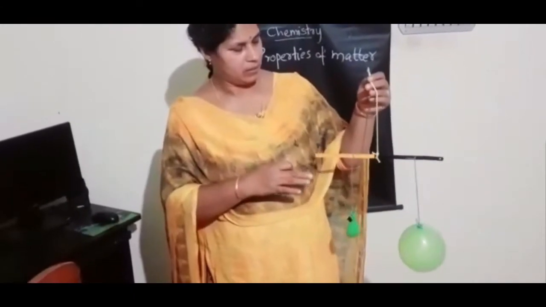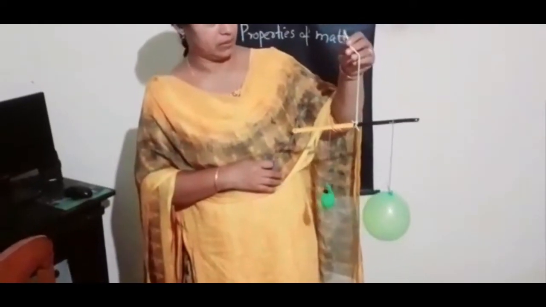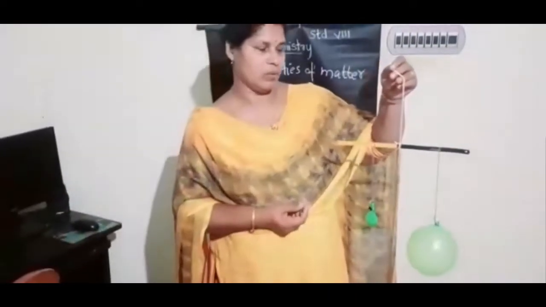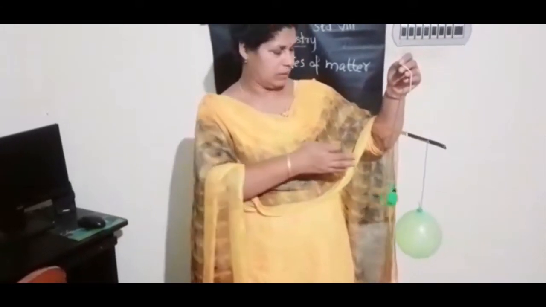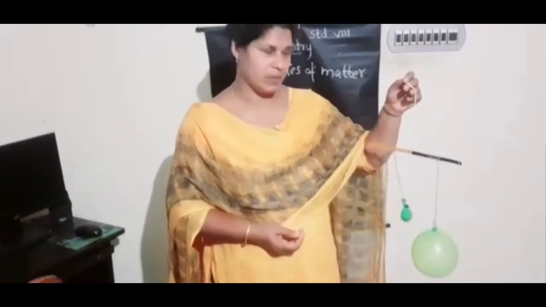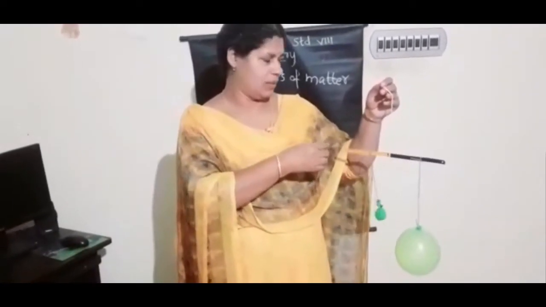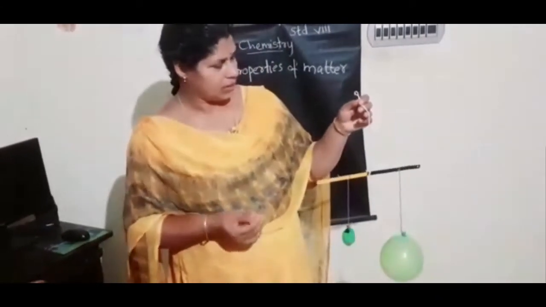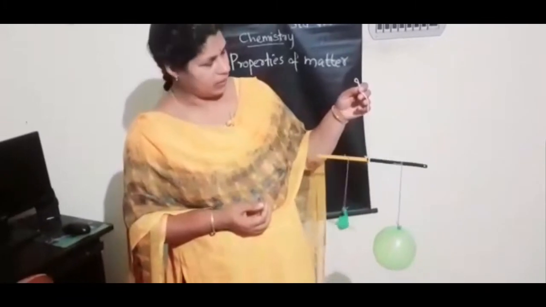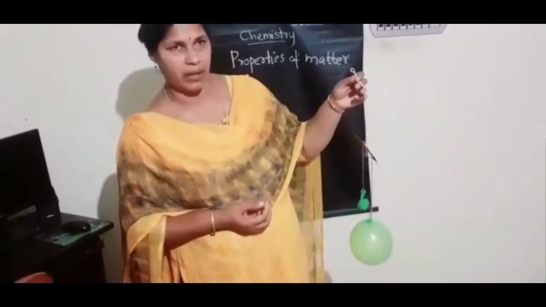That means now it is not in a balanced position. Why is it not balanced? Because the air inside the balloon is lost. So what happens? The mass of this side decreases. So the other side goes down.